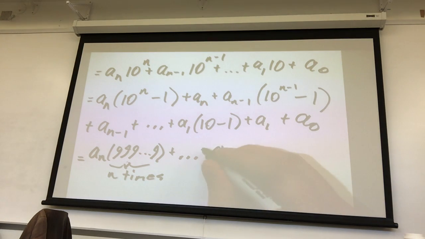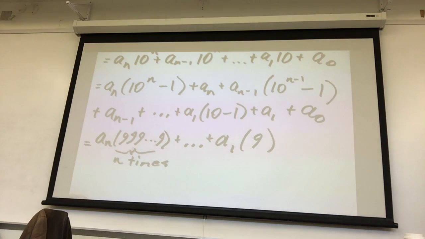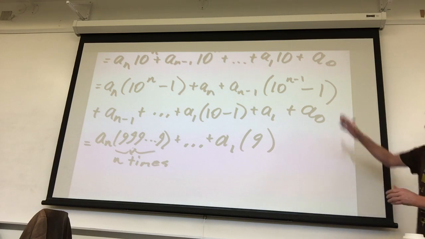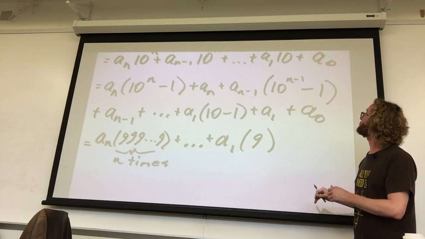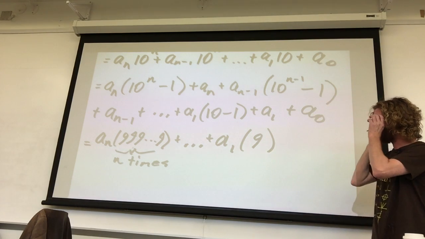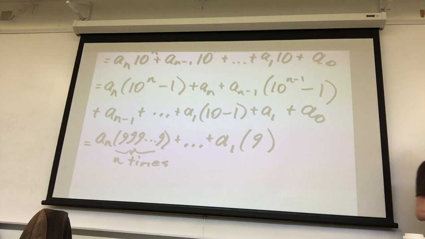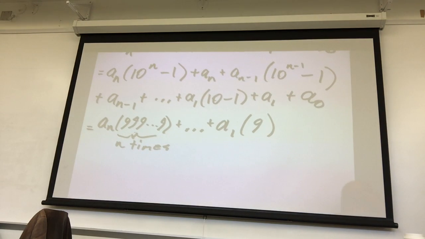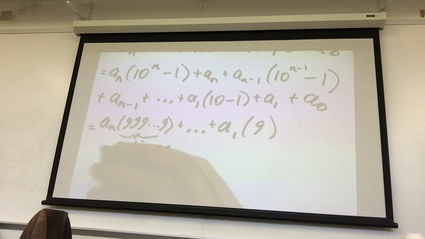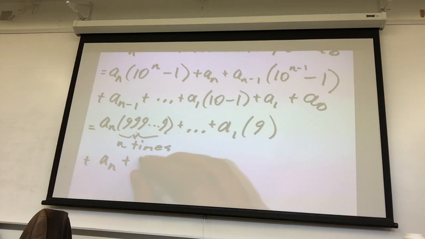A1 times 9, okay? Everybody that's got a 10 minus 1 on it gets converted into 9s, and then what do we have beyond that? We have plus a sub n plus a sub n minus 1 plus dot dot dot plus a1 plus a0.